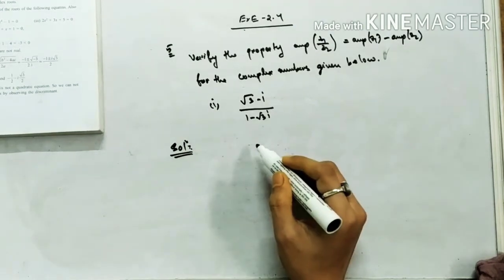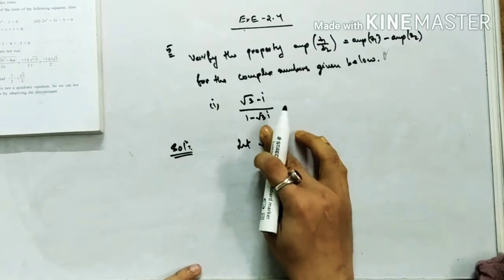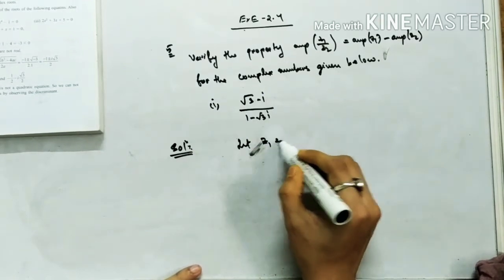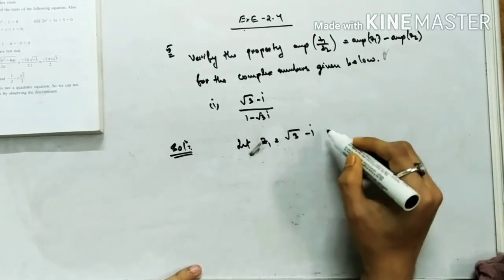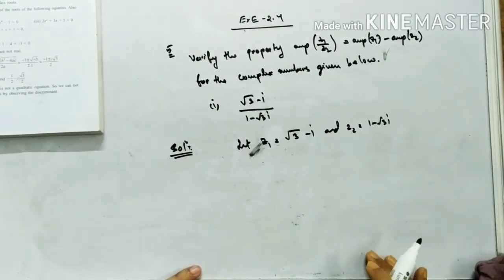So in here I will take first one, let Z1 is equal to root 3 minus i and Z2 is equal to 1 minus root 3 i I will take.